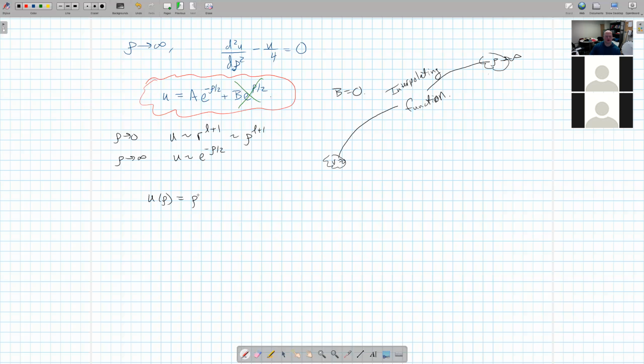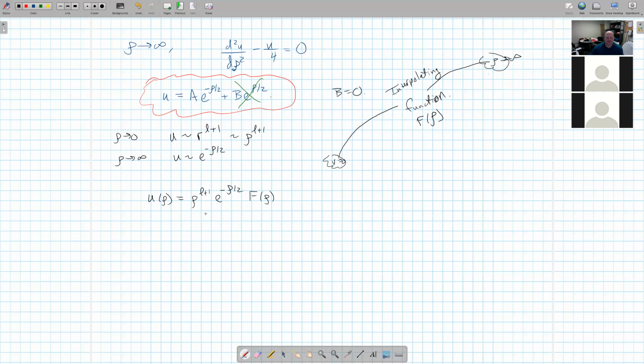So this is going to be rho to the L plus 1 times e to the negative rho divided by 2 times some interpolating function f of rho. Here f of rho is the interpolating function which connects these two extreme limits together.